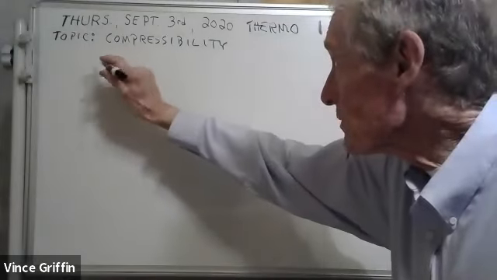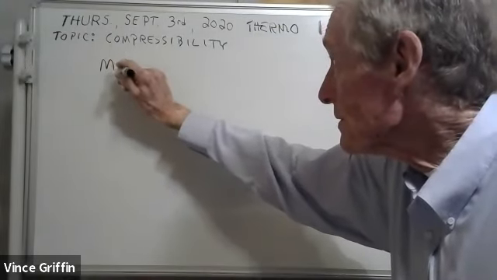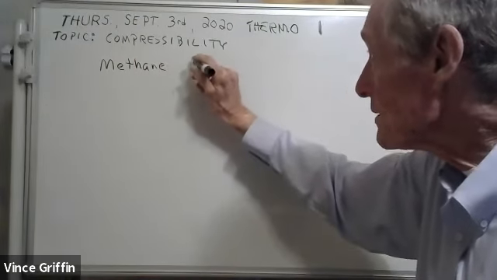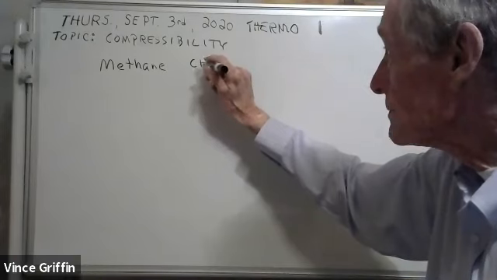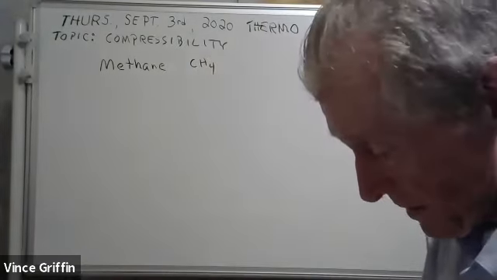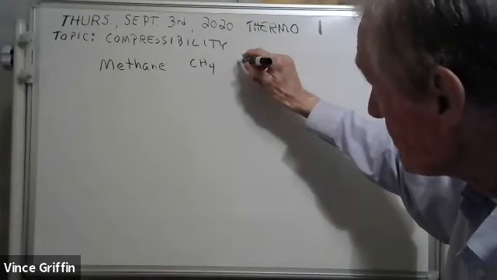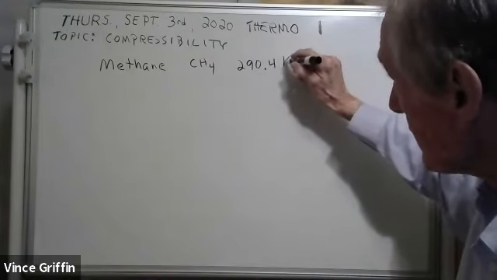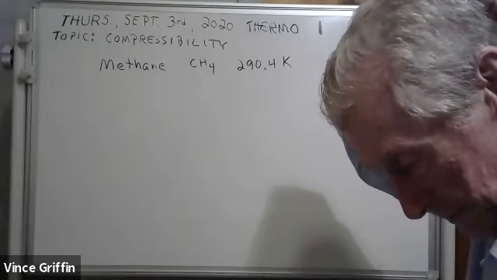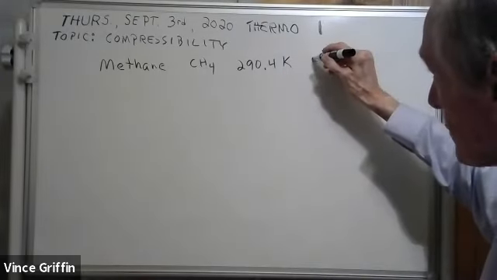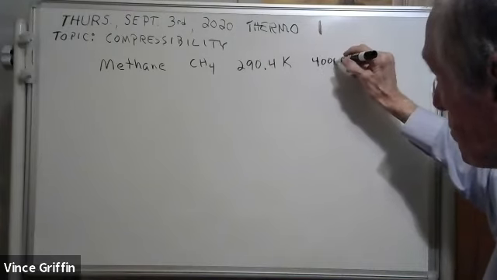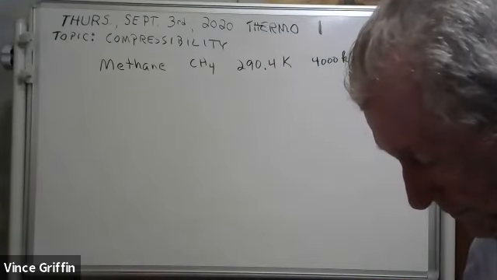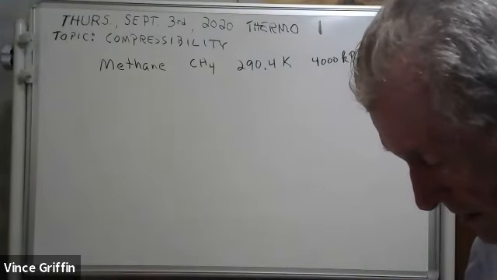Now we're talking about methane, and let me tell you what we have here. We have methane, and that's CH4, and it's at 290.4 Kelvin and 4,000 kilopascal. Wait a minute.